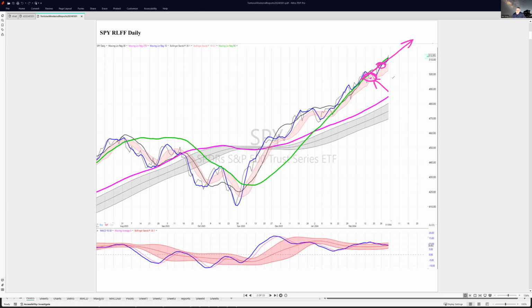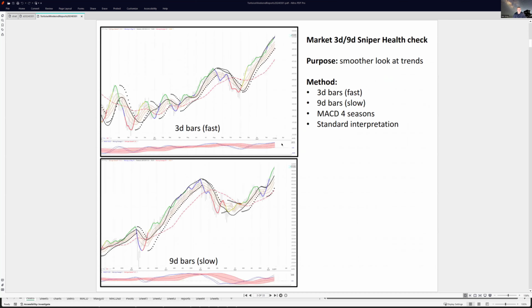Those two little selling events introduced enough weakness to make the market go from summer to fall. But now that we're at an all-time high, we get a little bit of juice and that thing could become summer again. So the upside is still there. And prove all the professionals wrong again.